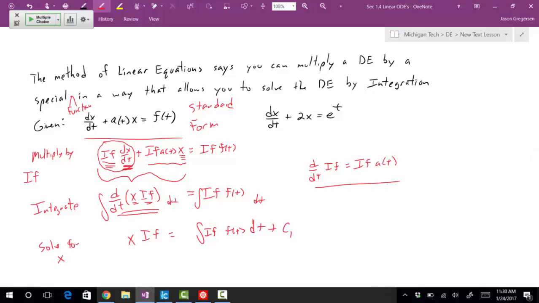Apparently it's something, and when I take the derivative of it, I get the same function back plus an extra piece, right? Now your spider sense should be going off. Like, oh, that sounds like what we just did, right? It's an exponential guy. So that tells me that my integrating factor is going to be e raised to the integral of a of t dt. That's what the integrating factor is.